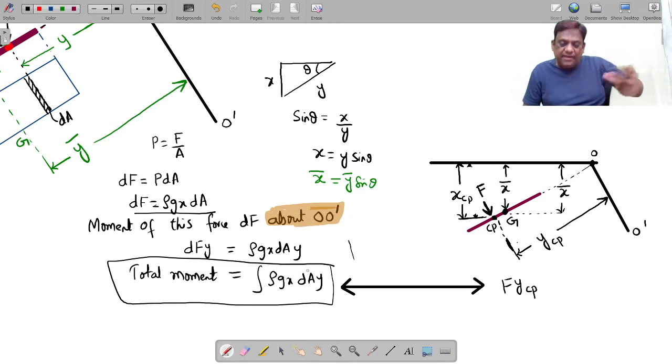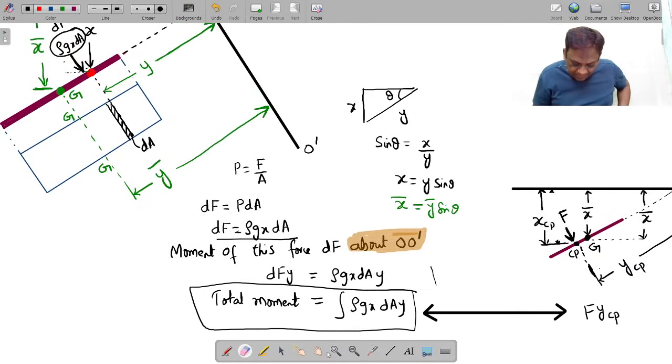So for equilibrium, can anyone tell what this is? It is the moment of this force about this.